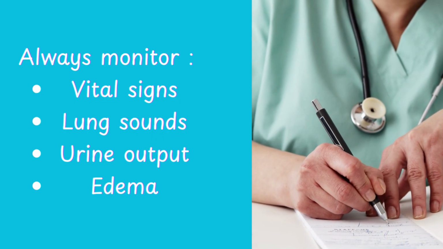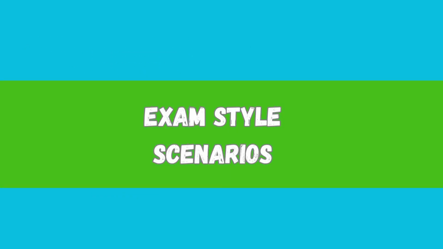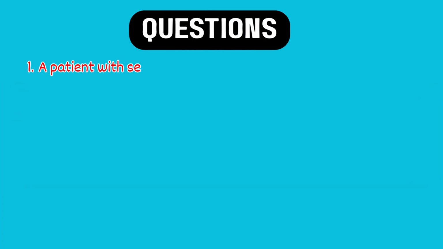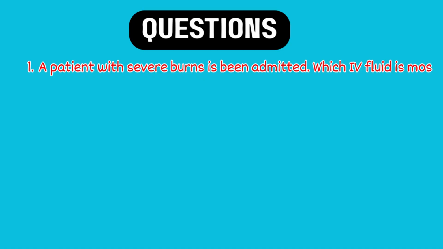And now I'm going to be asking us a few questions, and we're going to be answering. If you can answer them properly, then you've been able to gain 1 or 2 from this lesson today. 1. A patient with severe burn is admitted. Which IV fluid is most appropriate initially?